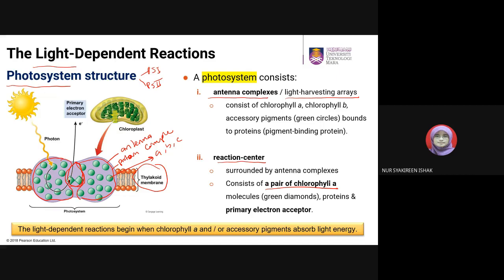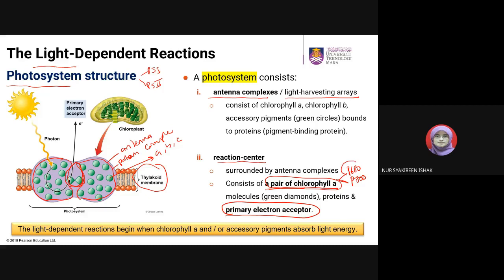Okay, a special pair of chlorophyll A, and it also contains the primary electron acceptor, which is a protein that functions as an electron acceptor. Okay, so the chlorophyll A at the reaction center has a special pair of chlorophyll A. It depends on the photosystem, that is P680 and P700.